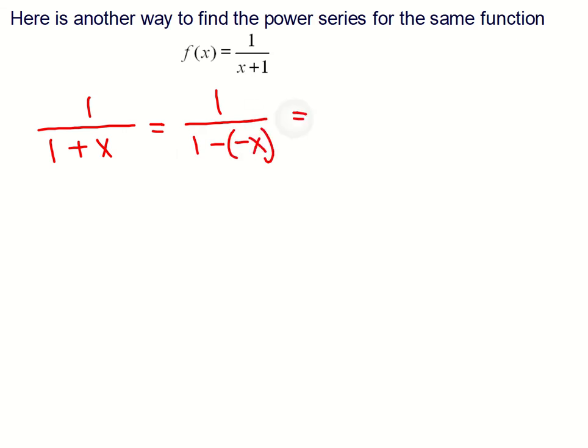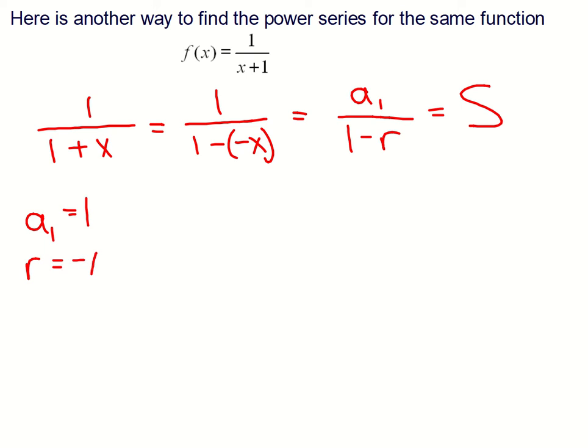And we equated this to the form a1 over 1 minus r, which is your infinite sum of a geometric series. So we said that must mean that the first term, a1, is 1, and that our common ratio, which is what we're multiplying by each time, is negative x. So doing that, I would start with 1, and I'd multiply by negative x, so I'd get minus x, and positive x squared, and negative x cubed, and positive x to the fourth, etc.